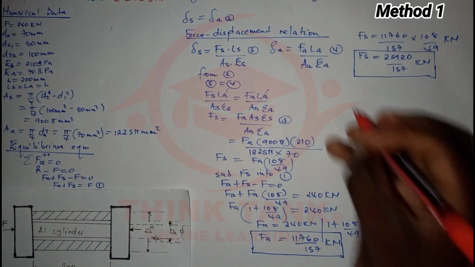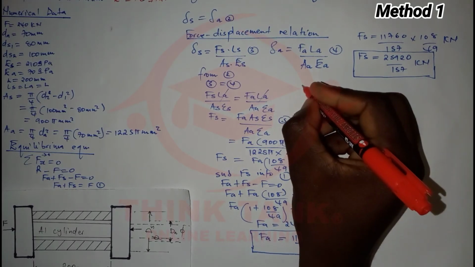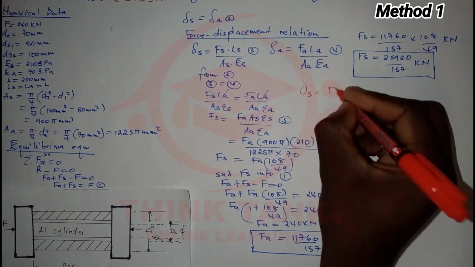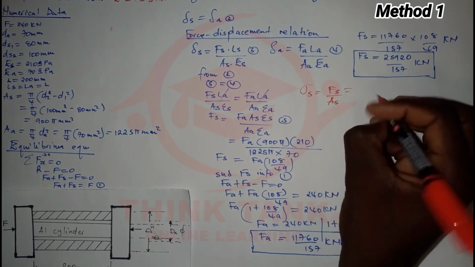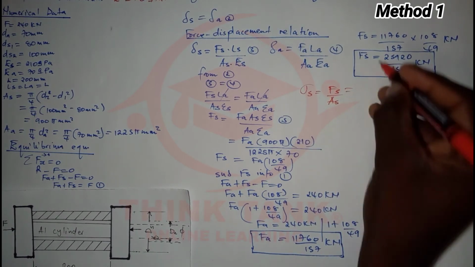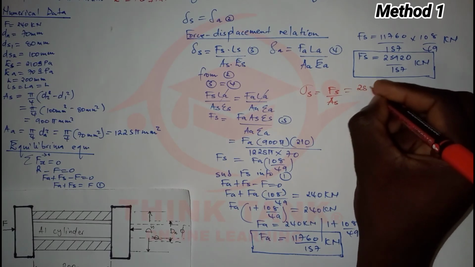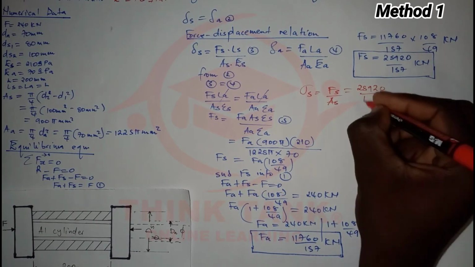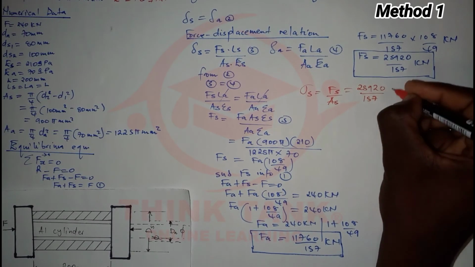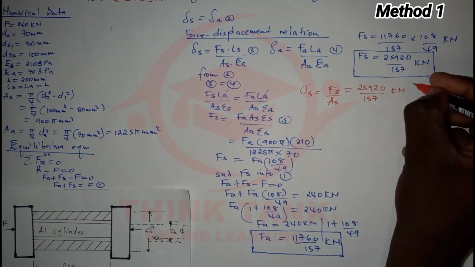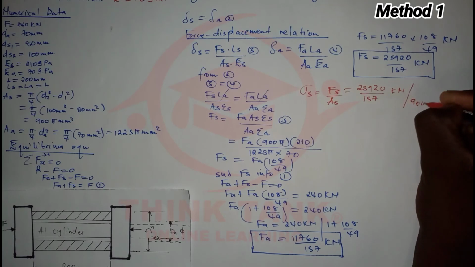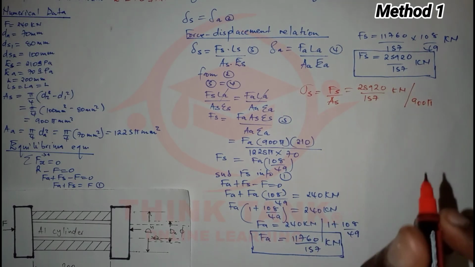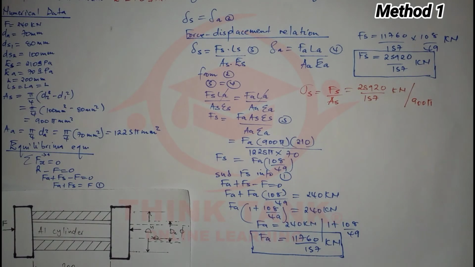So I'm going to start by calculating the stress in the steel. Stress in the steel is going to be the force applied on the steel divided by the cross-sectional area of the steel. The force on the steel we said is 25,920 divided by 157 kilonewtons. And I'm going to divide this by the cross-sectional area, which is 900 pi, and I'm going to change millimeters squared to meters squared.